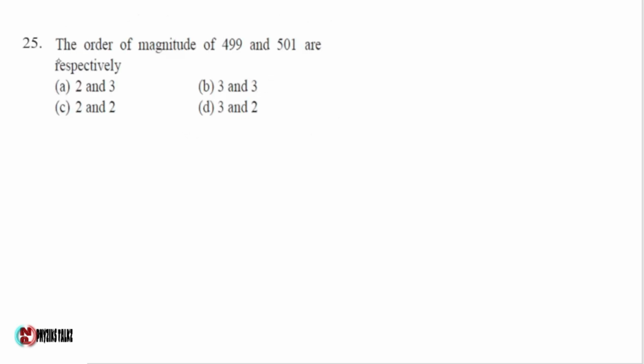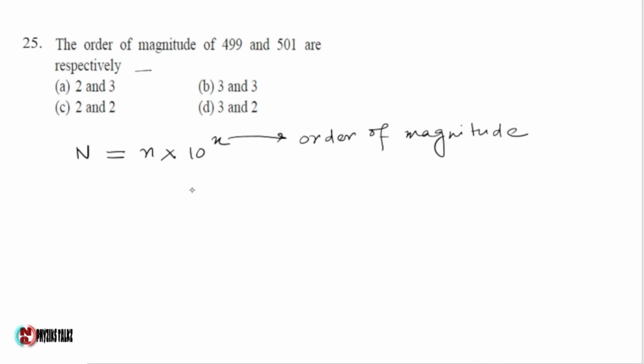Next question. The order of magnitude of 499 and 501 are respectively. Now if a number N is written as small n into 10 to the power x, then x is called the order of magnitude if this small n lies between 0.5 and 5. Now the first number 499 is written as 4.99 into 10 square.